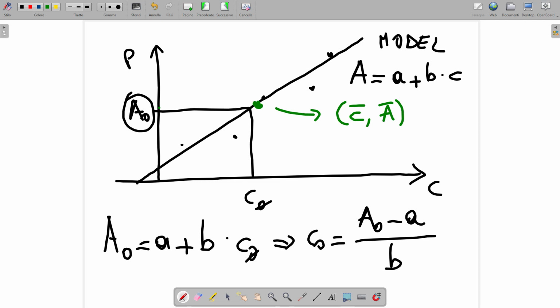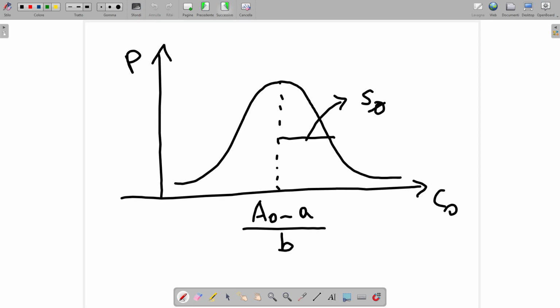This special point is important. It is called centroid. Now we go on and complete the formula.